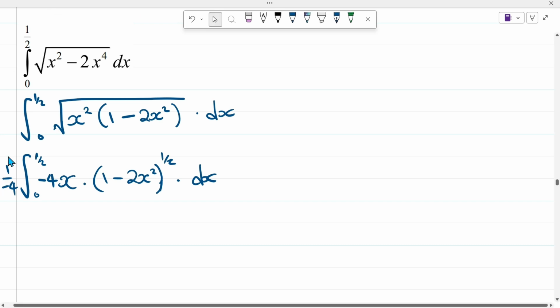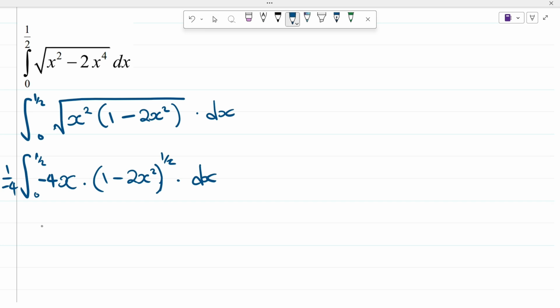So I'm going to multiply by 1 over negative 4, so that negative 4 and negative 4 cancel out, and then I will still have the same equation. But then I can make use of negative 4x multiplied by (1 minus 2x squared) to the power 1 over 2 dx. So if this is my function, and this is the derivative of that function, then I can use the general power rule. Also, my n is not equal to negative 1, so I'm allowed to use that.